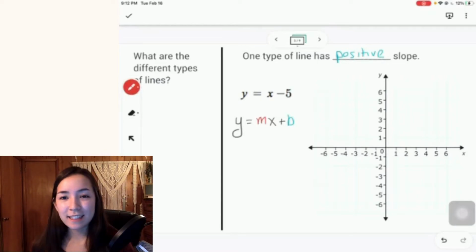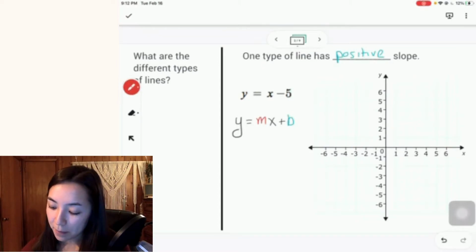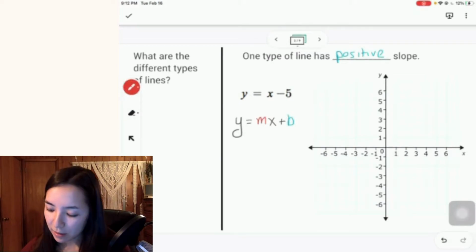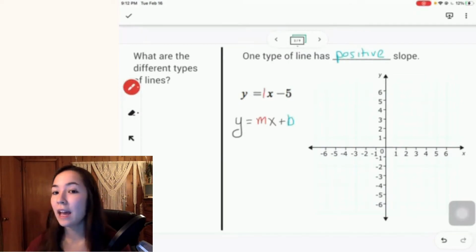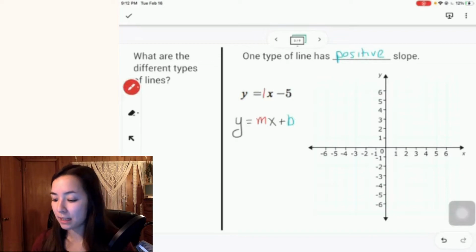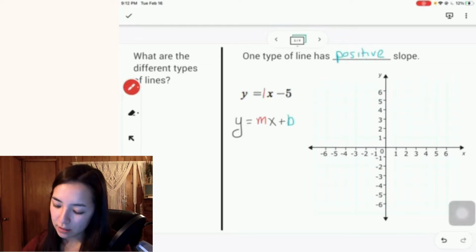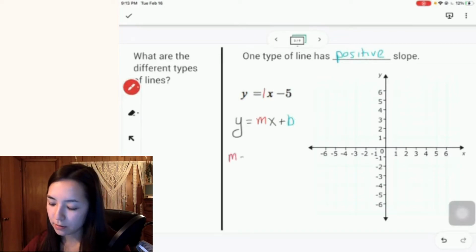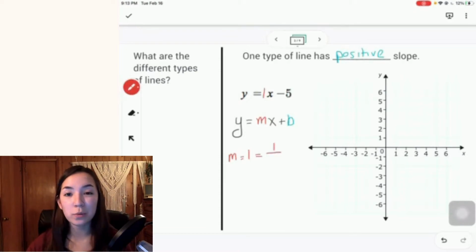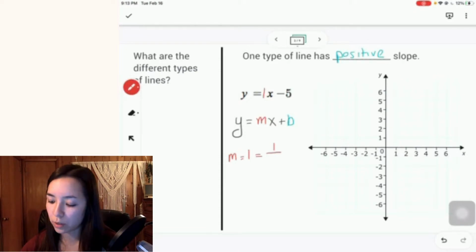In this case, it doesn't look like there's a number in front of the x. But remember, we can multiply any number by 1 and it will not change the original value. So this is actually 1x minus 5. So our slope is 1, and if we wanted to write that as a fraction, we could say it's 1 over 1.